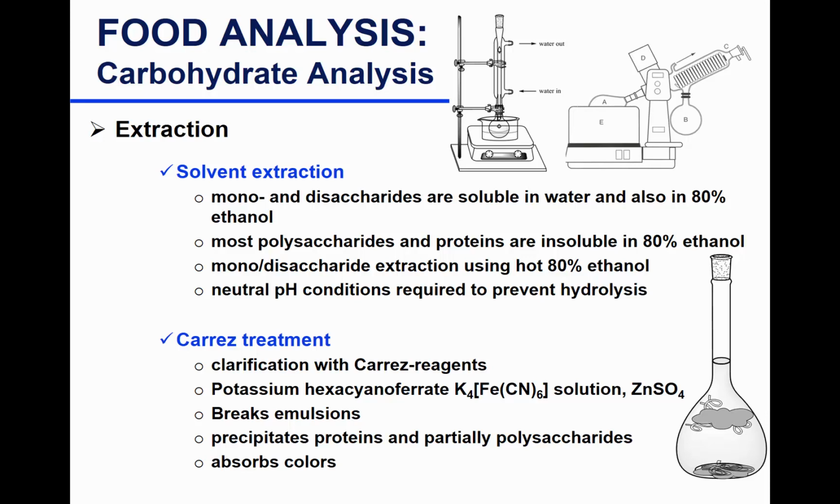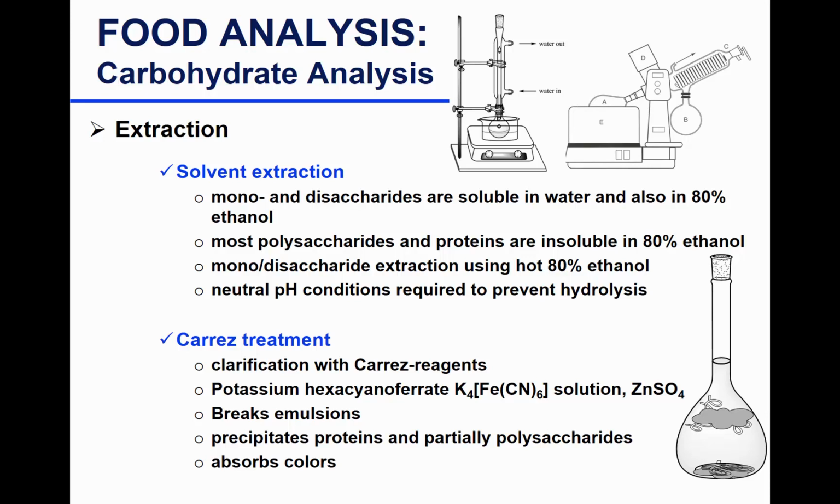So another type of treatment to purify or extract your mono and disaccharides is called a Carrez treatment. It's basically a Carrez reagent that has certain components, for example, potassium hexacyanoferrate solution with zinc sulfate in it. What happens is it breaks any emulsion.